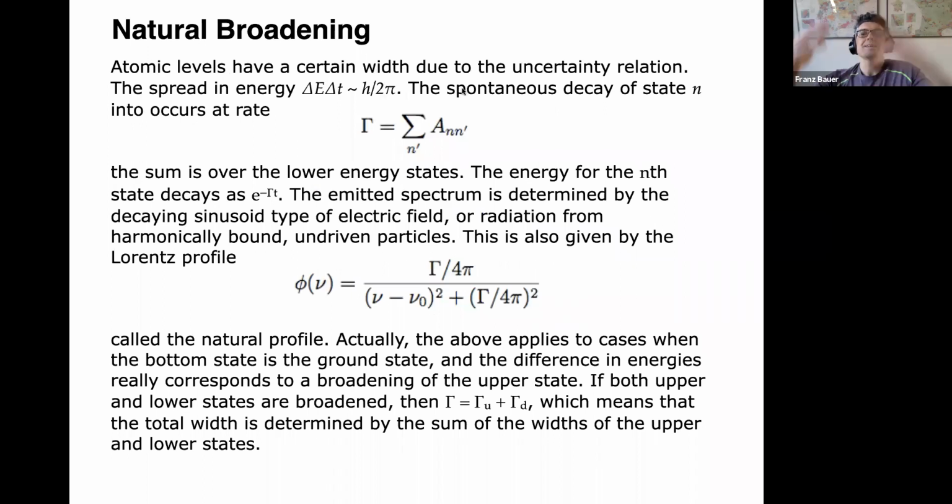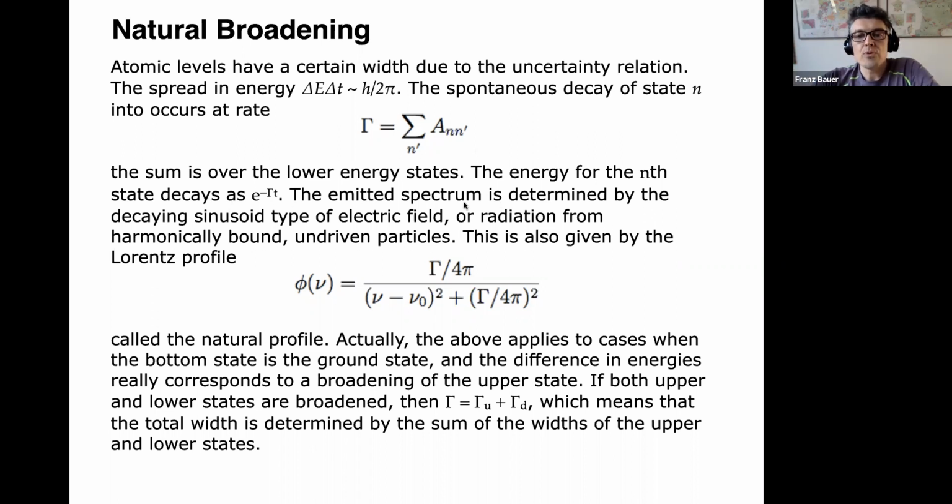If you have a spontaneous decay from an end state, then this component is going to be the sum of all of our spontaneous emission components, summing over all of the different states. And so if you have an energy in the nth level, that state is going to decay like this. And the emitted spectrum here will be determined by a decaying sinusoidal form of the E field.